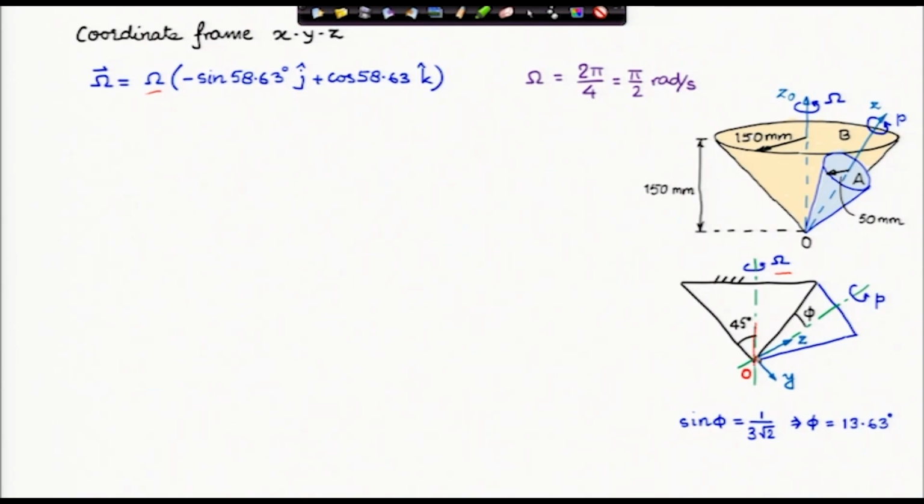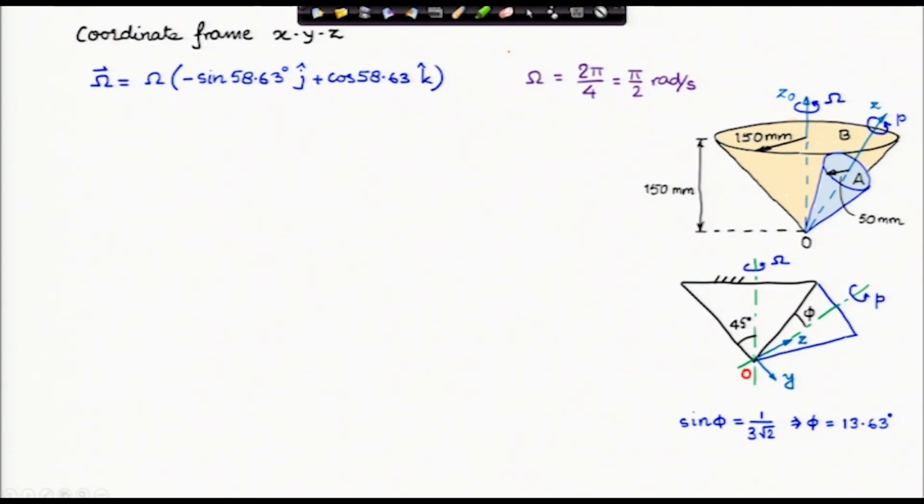Therefore, I have to represent this unit vector, z naught cap, and this you can find out from geometry. This angle phi is 13.63 and this is 45 degree, and therefore that angle is 58.63 degree. Z naught makes an angle of 58.63 degree with the z axis. Now, it is easy to represent the unit vector in that direction.